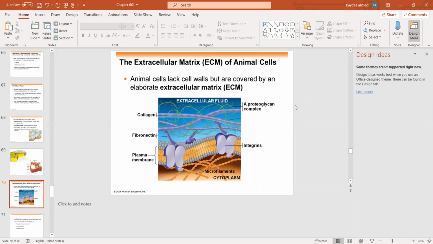Some cells are attached to the extracellular matrix by fibronectin. We call these glycoproteins fibronectins.